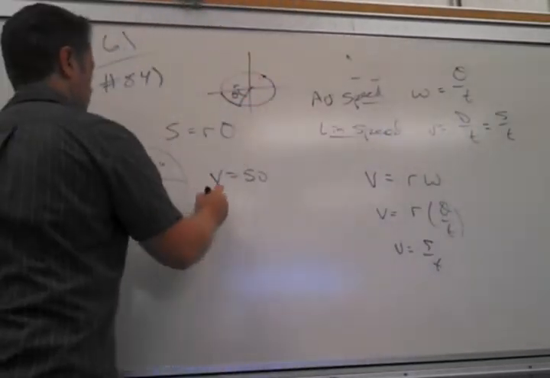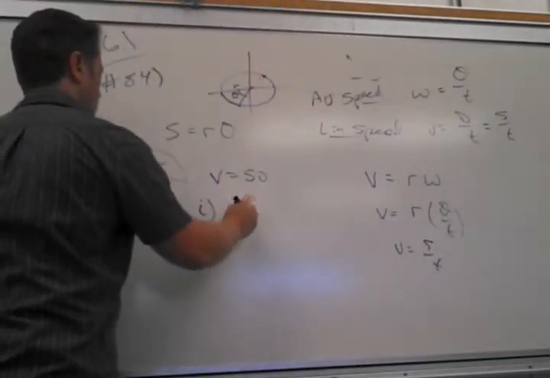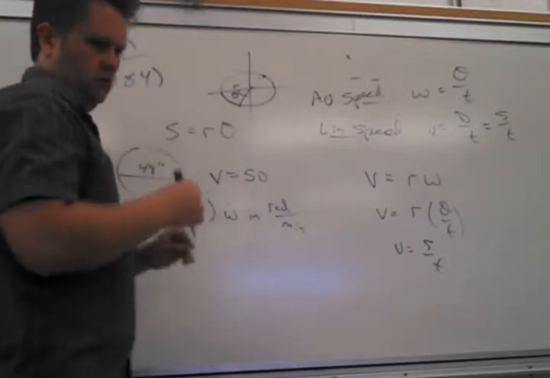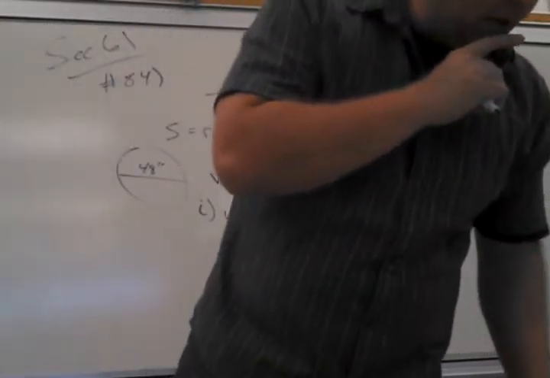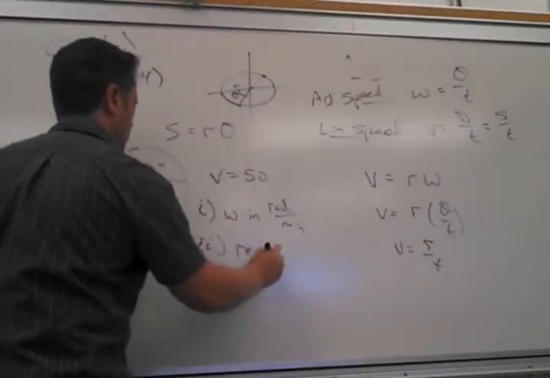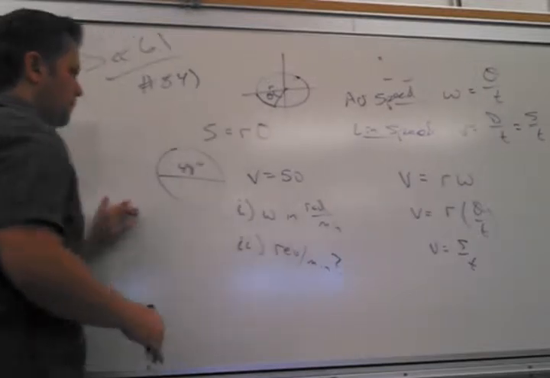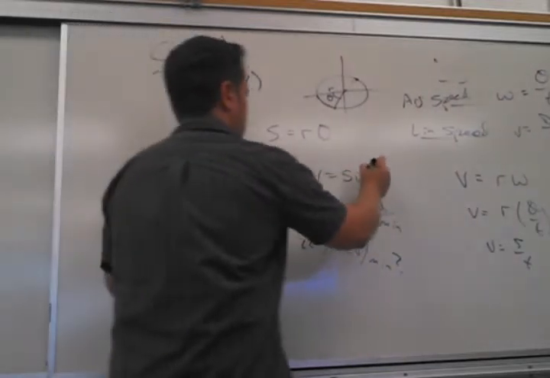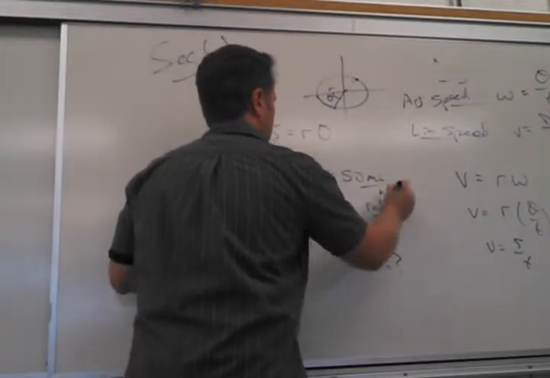Find the angular speed in radians per minute. And then how many revolutions per minute do the wheels make? Okay.